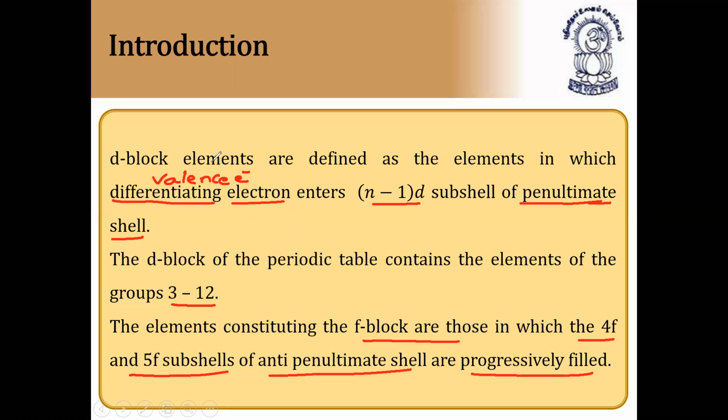So what are D block elements? The elements in which the valence electron or differentiating electron enters the n-1 d subshell of the penultimate shell are called D block elements. And the elements in which the differentiating electron enters the n-2 f subshell, that is the 4f and 5f subshells of the anti-penultimate shell, are progressively filled.